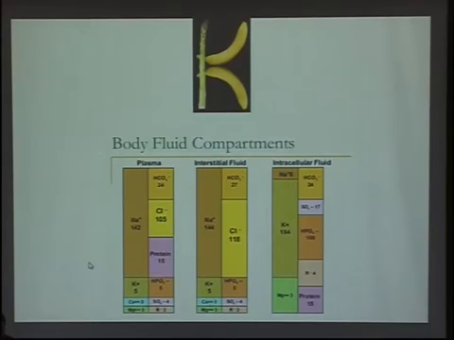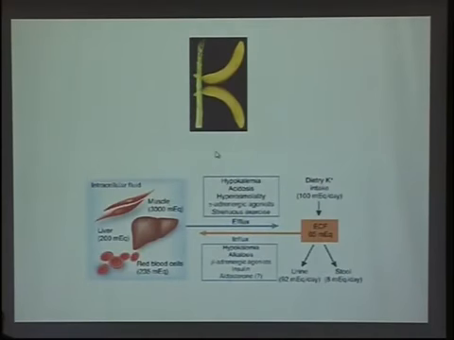As we all know, potassium is mainly intracellular, in contrast to sodium, which is the main extracellular cation. So most of potassium is present inside cells, while only about 2% is present extracellular.